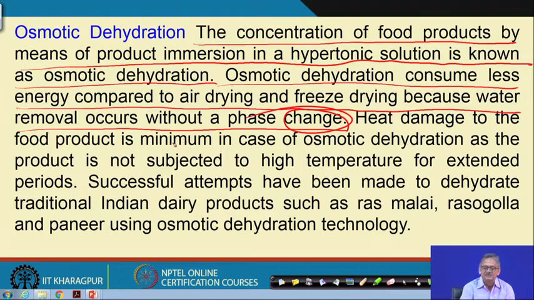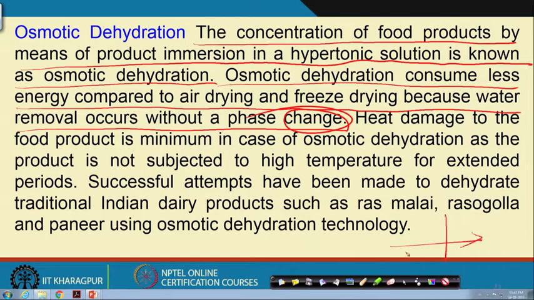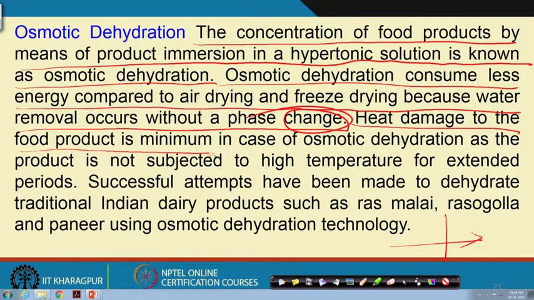There is no phase change because you have a membrane and this water is moving from one side to the other side, right. So, heat damage to the food product is minimum in case of osmotic dehydration, as the product is not subjected to high temperature for extended periods.